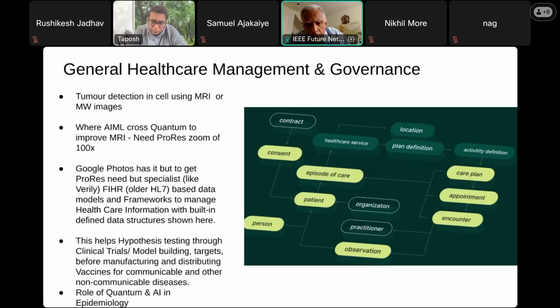Clinical trials can happen first computationally, proving validation, then maybe on a mouse or some kind of animal, and then finally in the human body. There are certain ethical things we need to go through, and therefore managing and governance of this is very important, which Dr. Taposh already brought to us.